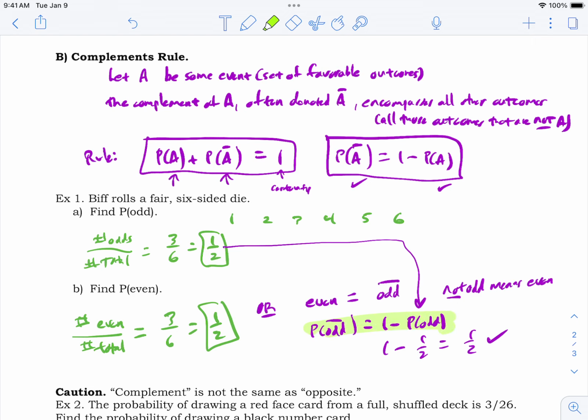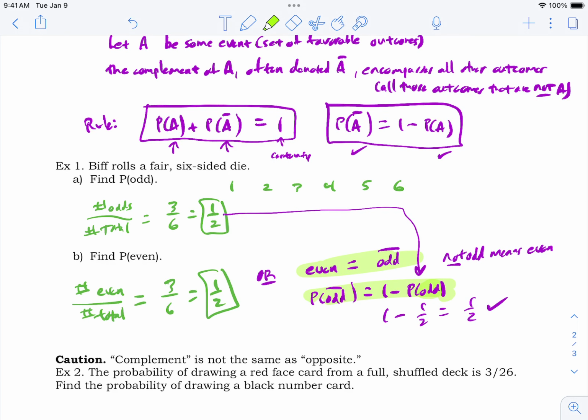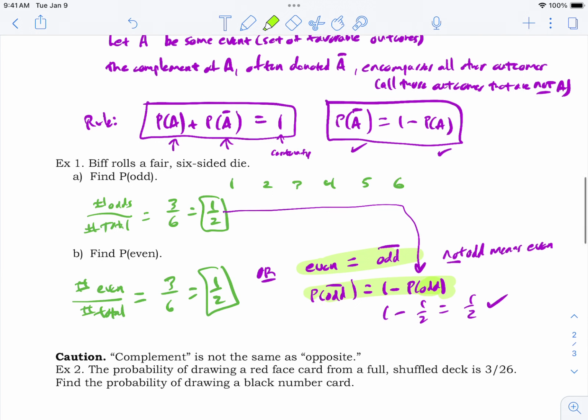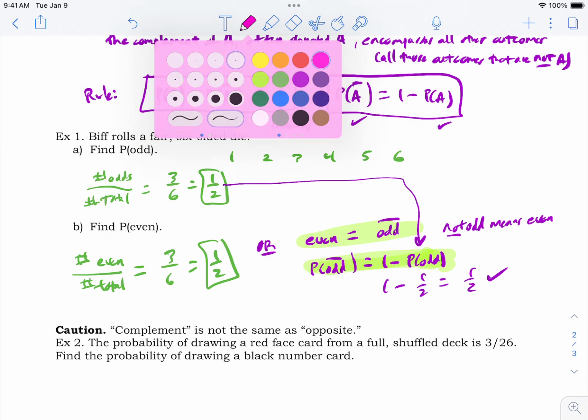Okay, so if you know that you're looking for the complement of something, you just go 1 minus the probability of the not complement, I guess. It's a straightforward idea, really. But you just have to be certain before you apply this rule. Maybe I'll put this in red, fuchsia.